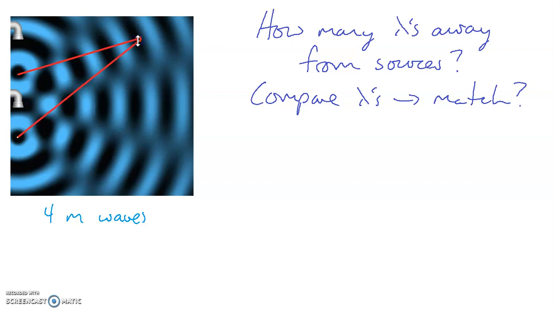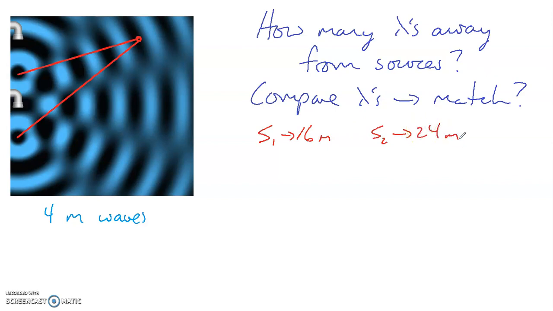Okay, so suppose I measure those distances, and this is often called source 1, and this is source 2, doesn't matter. From source 1, let's say that you are 16 meters away, and from source number 2, you are 24 meters away.